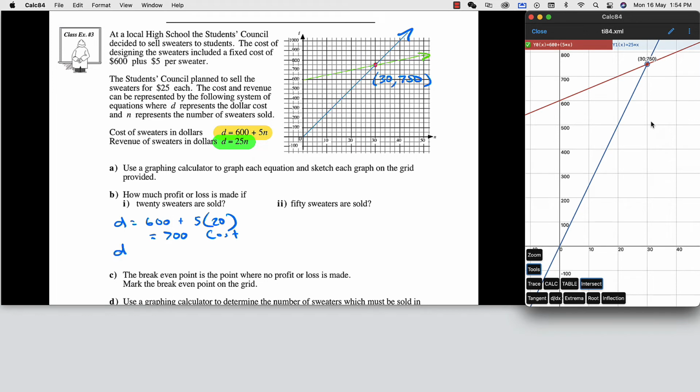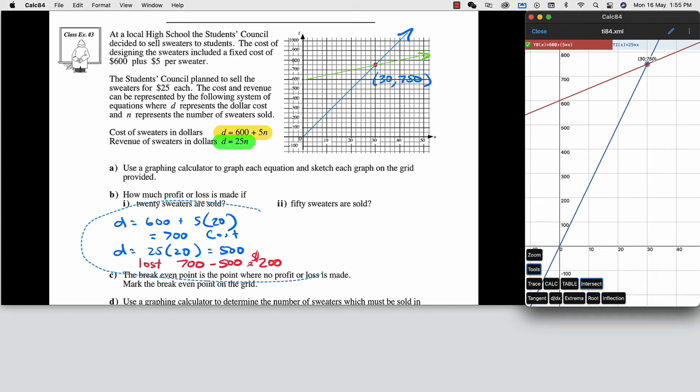Well, it says D equals 25 times 20, and that should be 500. So essentially in this case, we lost money because it cost 700 to make it, and we only sold 500, so we had a loss of $200.